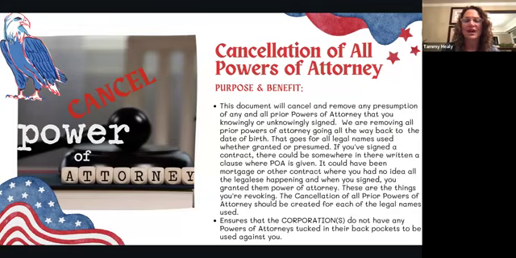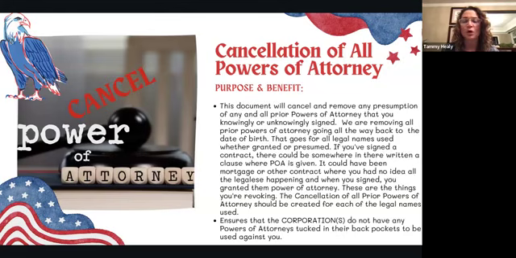If you've signed a contract, there could be somewhere in there written a clause where power of attorney is given. It could have been a mortgage or other contract where you had no idea all the legalese happening, and when you signed, you granted them power of attorney. These are the things you're revoking.